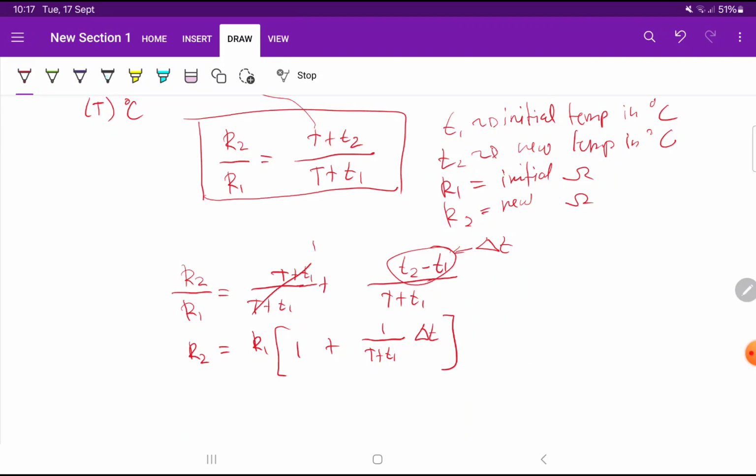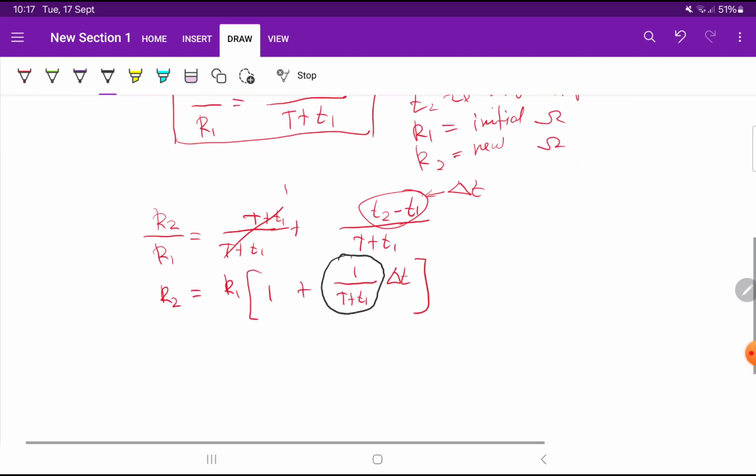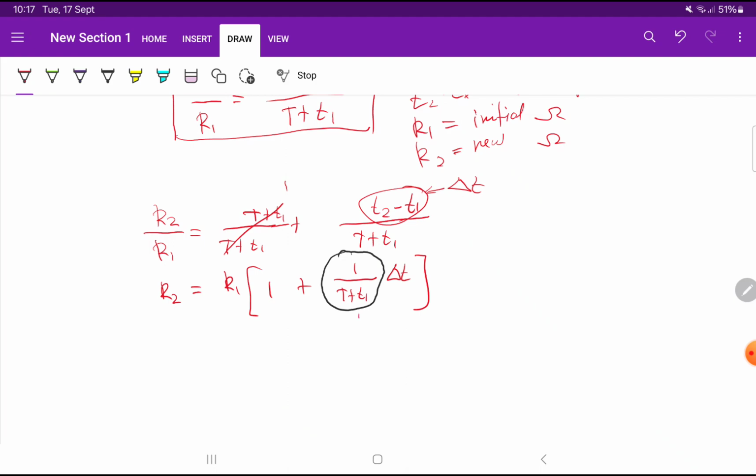And there's another concept here. This coefficient, we call the temperature coefficient, and instead of writing that out, we can just call it alpha.